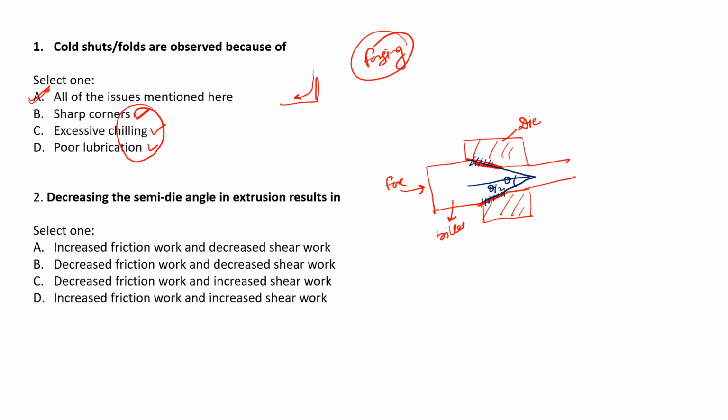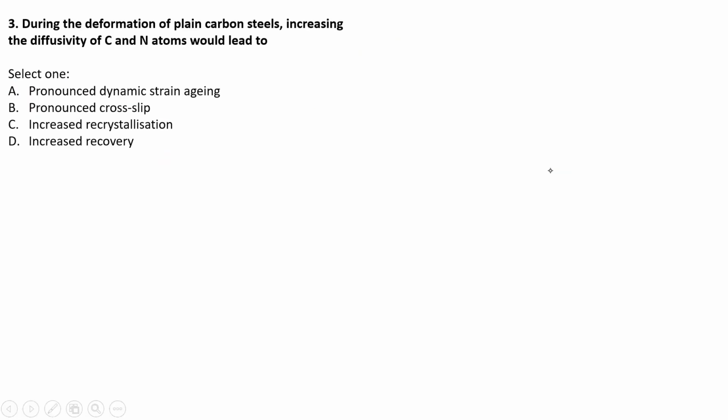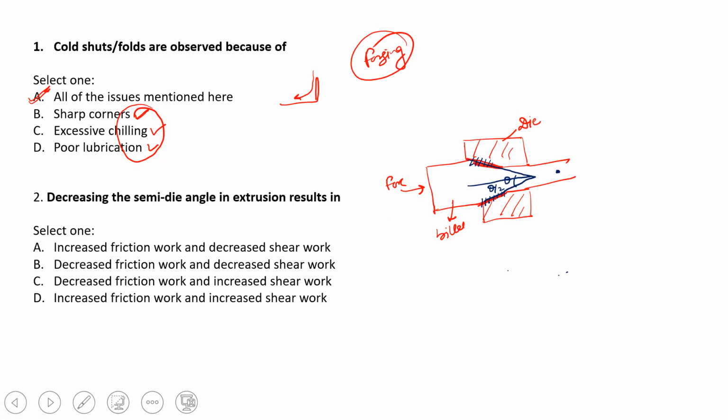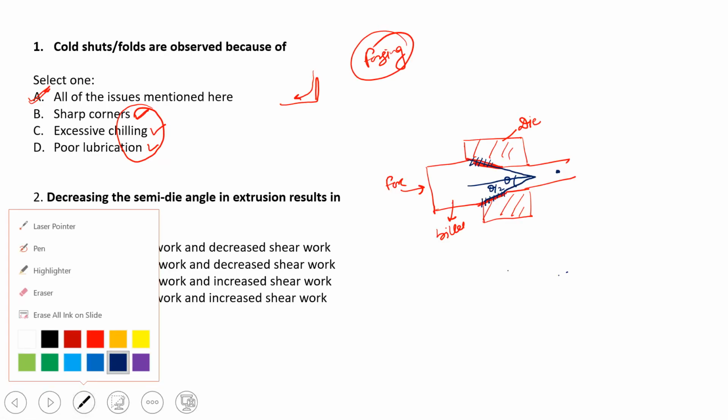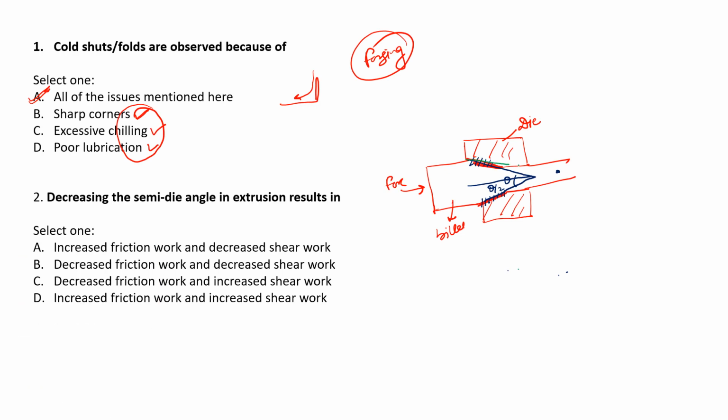In the next case it is telling that this theta by 2 we are decreasing. Okay, so if we decrease, it will be something like this. If you draw the next diagram, then it should be something like this, right?